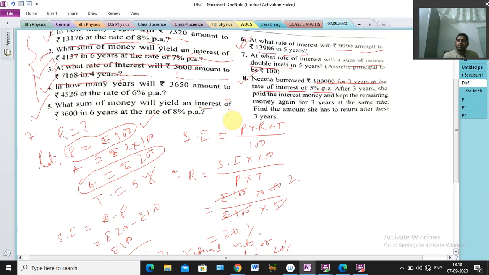Easy question. First time Nima borrowed 1 lakh rupees for 3 years at 5% per annum. After 3 years she paid only the interest money.